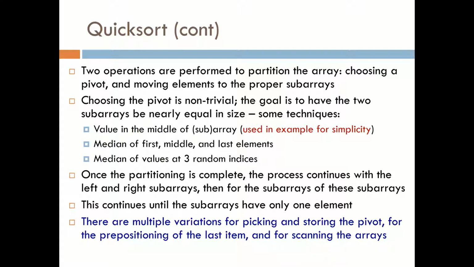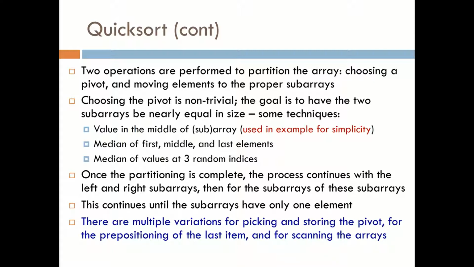So you can place all of your complexity for picking the pivot inside that function. Here we will just look at the two bounds, the left and the right edge of the subarray, and we will just pick the middle element.